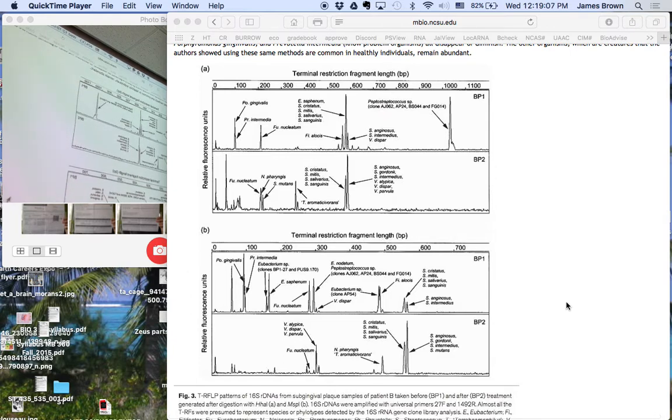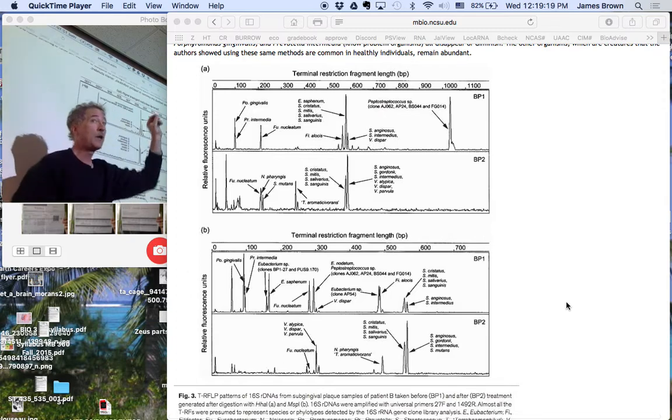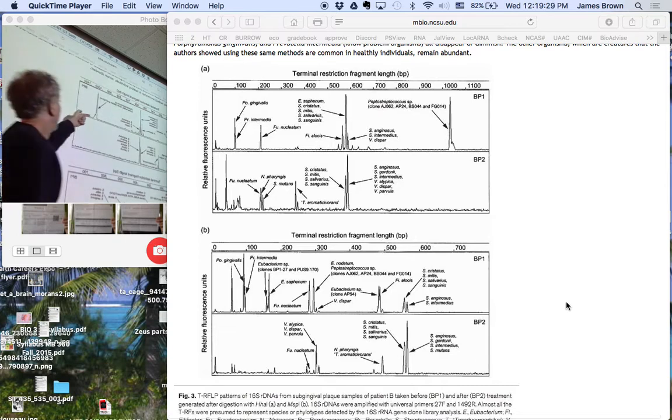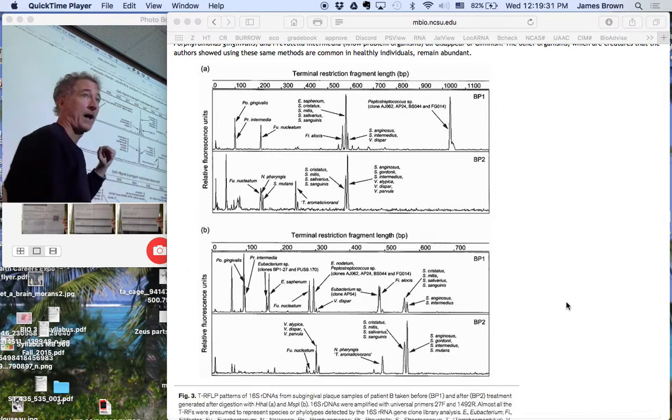Strep mutans kind of gets a bad rap. It does cause cavities, but it's a normal part of your tooth biofilm. It's just that if you eat a lot of sugar, it causes problems. Here's Peptostreptococcus. No doubt that's not good in your gingivas, right? This is an anaerobic fermenter, proteolytic organism, certainly going to cause lots of inflammation. And the good news is it went away after treatment.